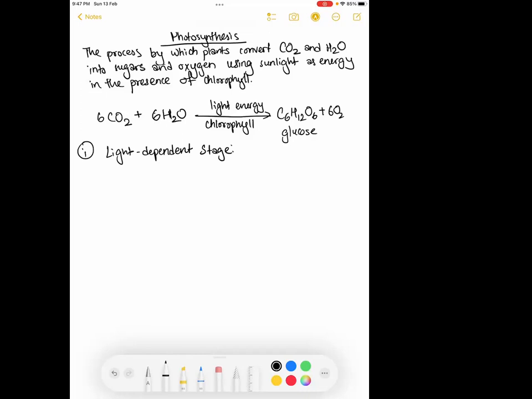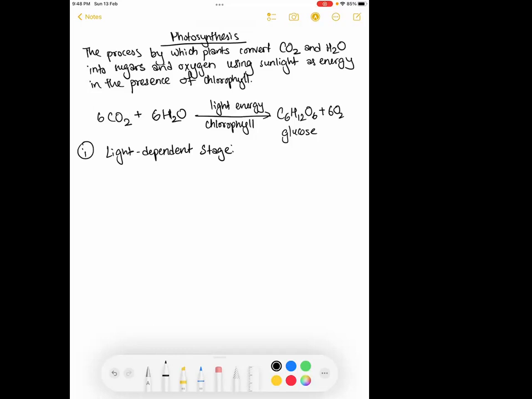Like the name suggests, this stage depends on light. That means it cannot be done without light at all. We actually need the energy from light specifically to make this stage happen.